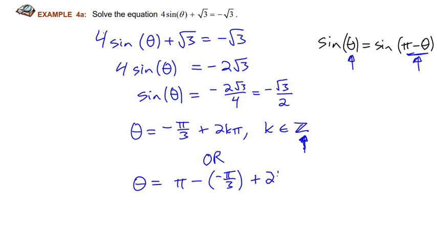And we can again add 2k pi to get all of the coterminal angles. Pi minus negative pi over 3 is 4 pi over 3. Add 2k pi, and define k as an integer. And now we've got our two families of solutions to this equation.